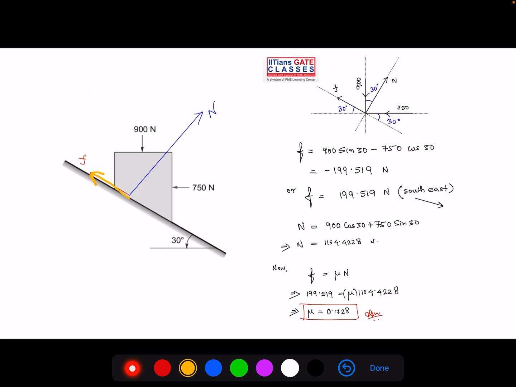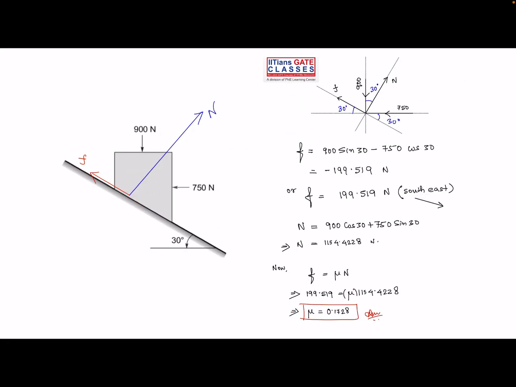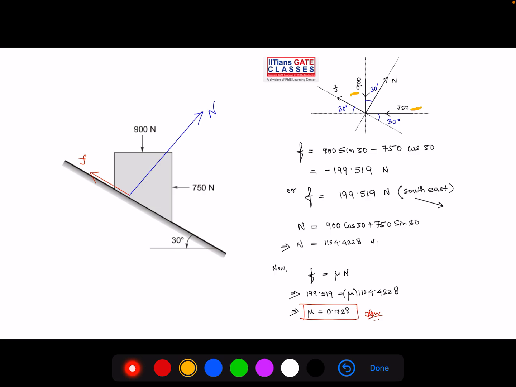Okay. So normal reaction as always will be normal to both the surfaces in contact, right? So if you see the forces properly, 750, 900, friction force, and normal reaction.